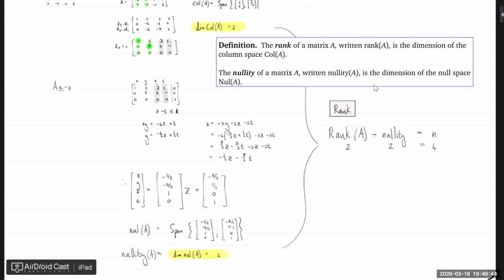The rank of a matrix is just the dimension of the column space, and the nullity is the dimension of the null space.